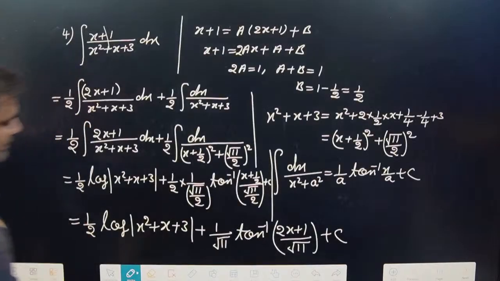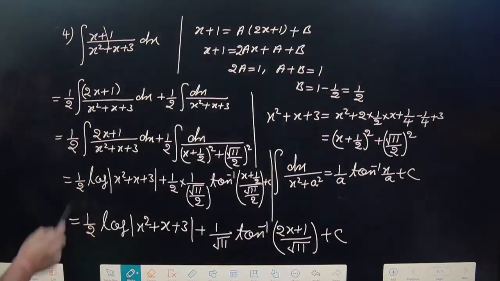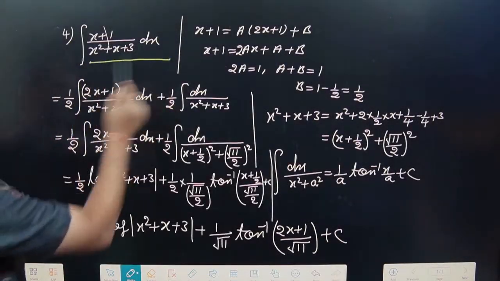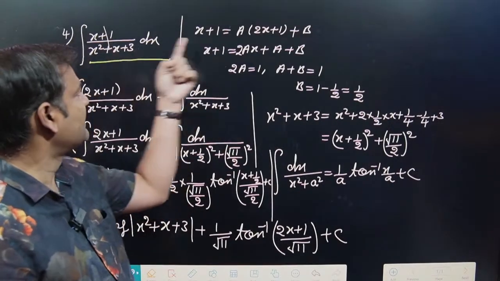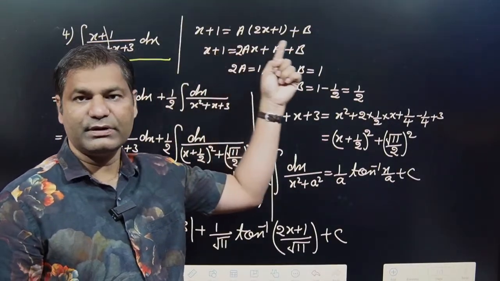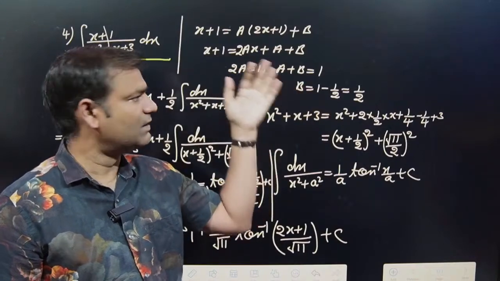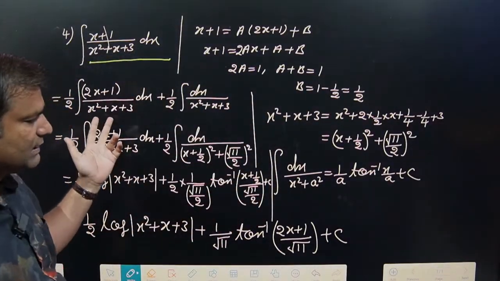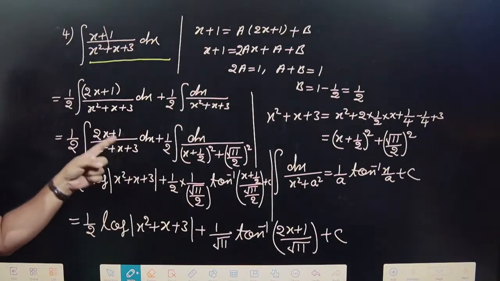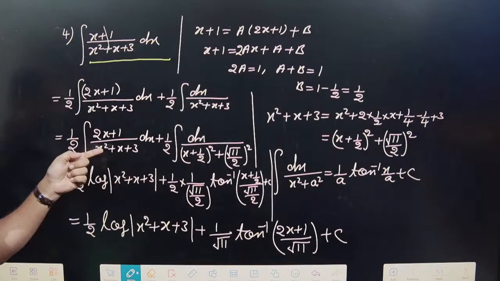Wait, I will explain again. Our motto is how to solve this type of problem. First of all, write the numerator as a into the differentiation of the denominator plus b. After that calculate a and b and put those values here. After that we get that one. If this one is t, then that one is dt.